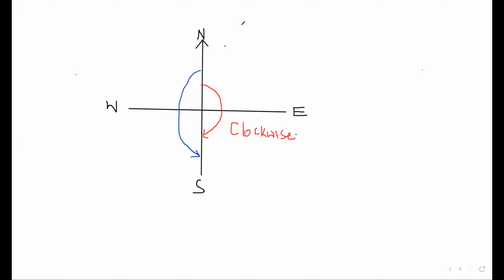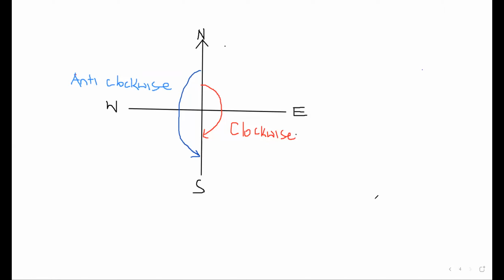Yes, when you turn from northeast to southeast, so this is clockwise and this is anti-clockwise.